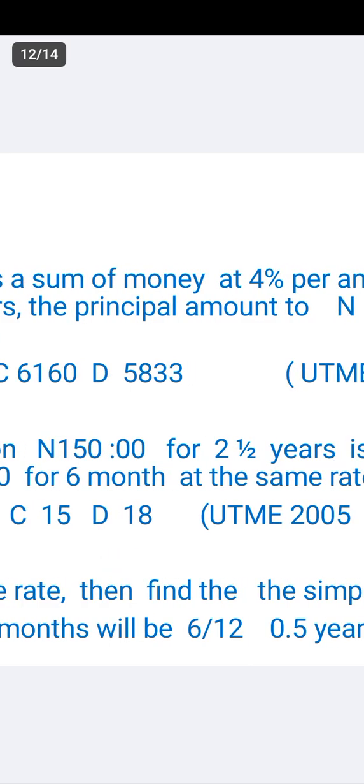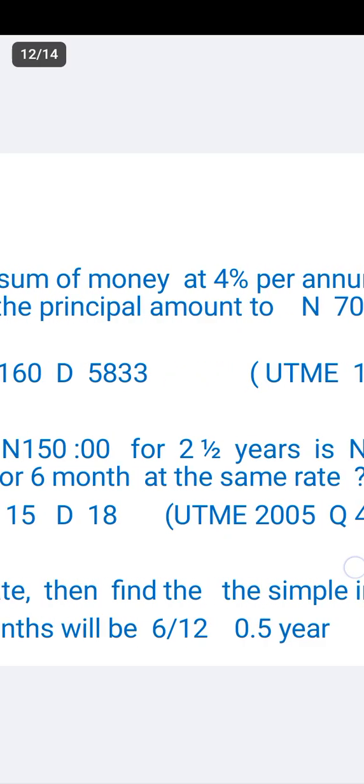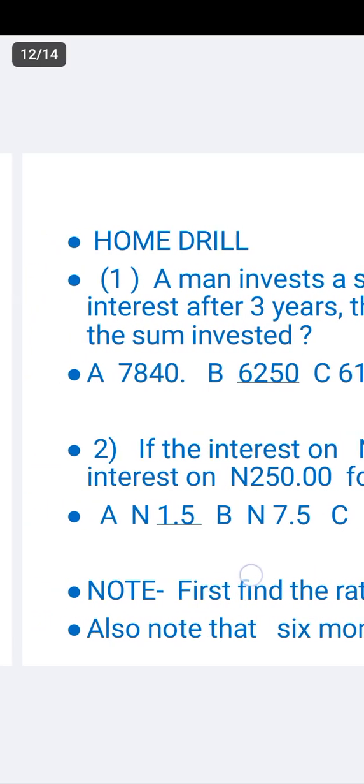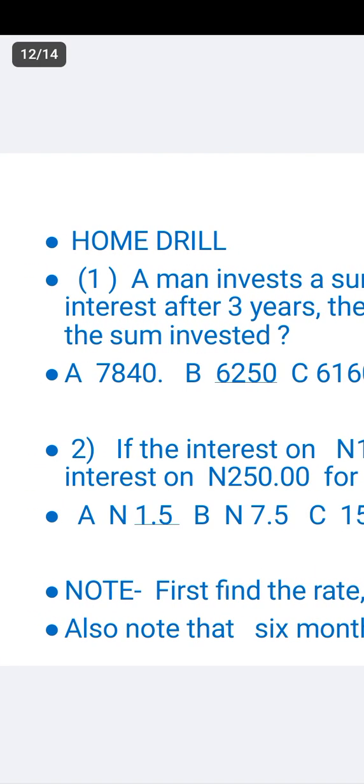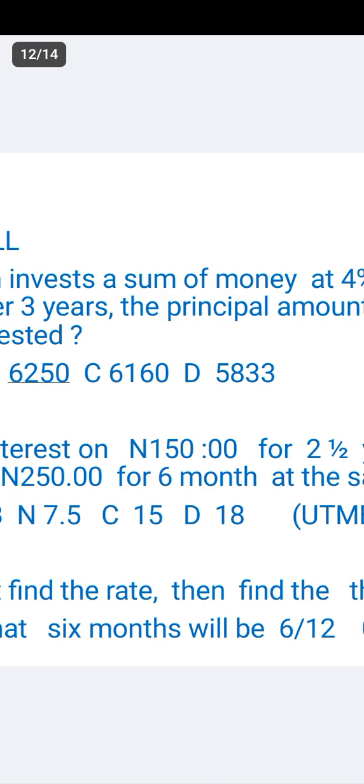After finding the rate, then you find the what? Simple interest. And another thing you will remember in this question is that it is 6 months. It's not saying 1 year. And when we say 6 months, it is 6 over what? 12, which is what? Half a year. Half a year is 0.5. So in the place of the time, you are going to fix in 0.5.